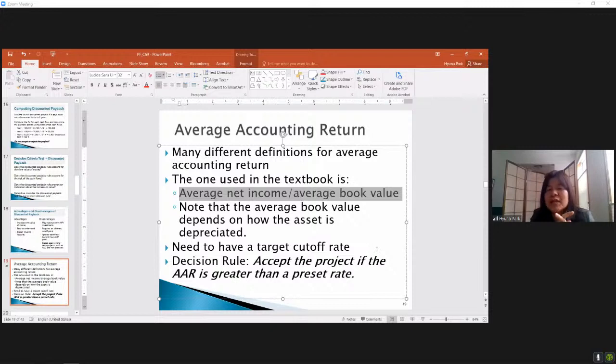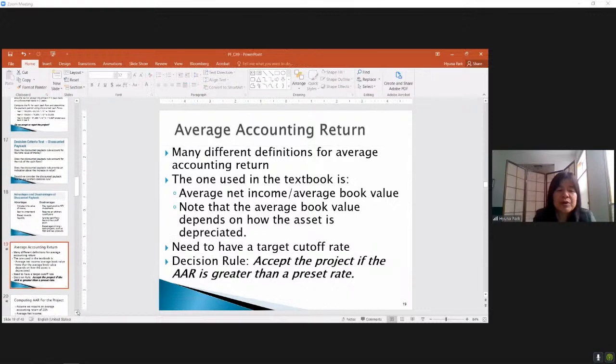And we are using book value to calculate the return, and definitely book value is dependent on the depreciation schedule. So again, this average accounting return needs a target cutoff rate, and it's arbitrarily set. And the rule is accept the project if the average accounting return is greater than the preset rate.